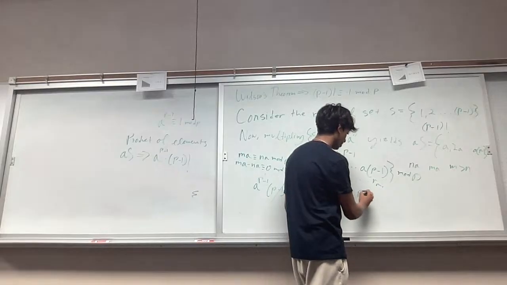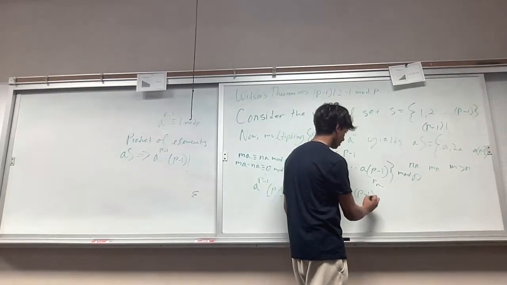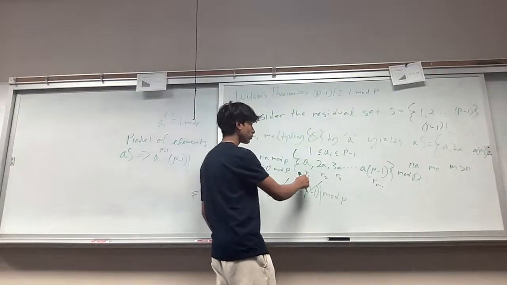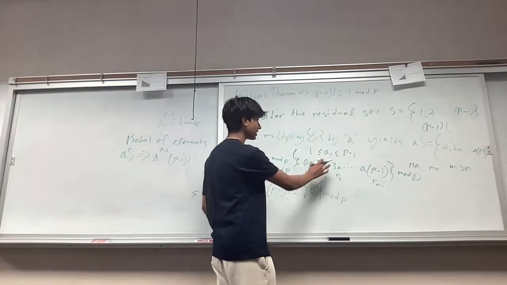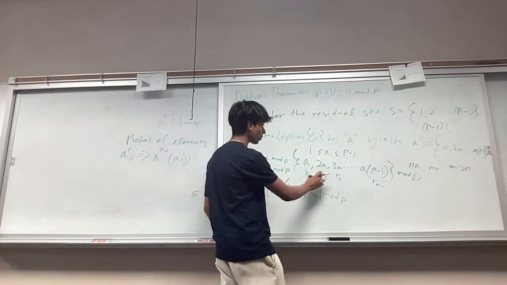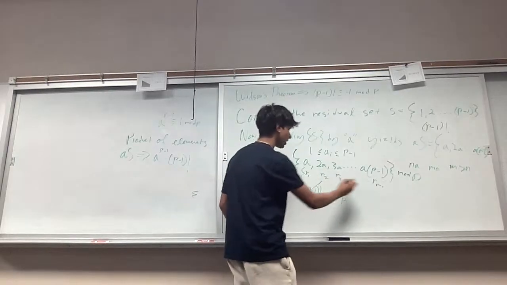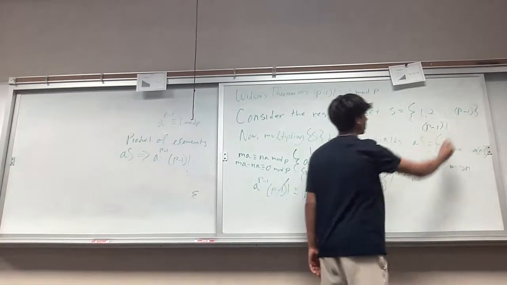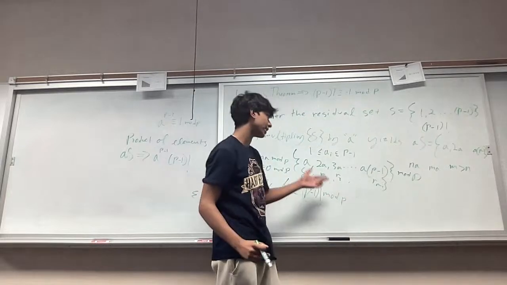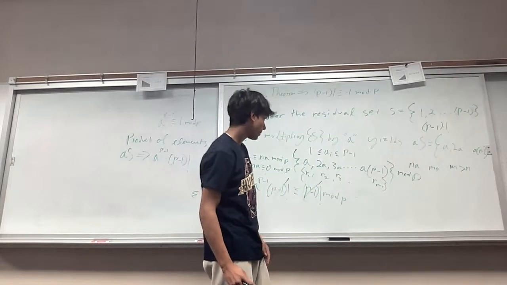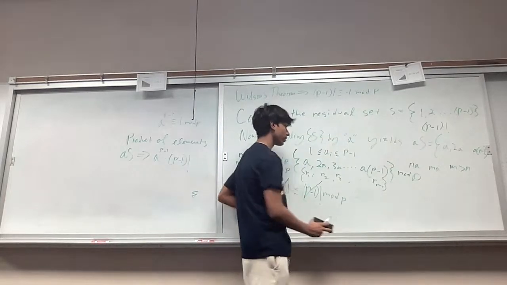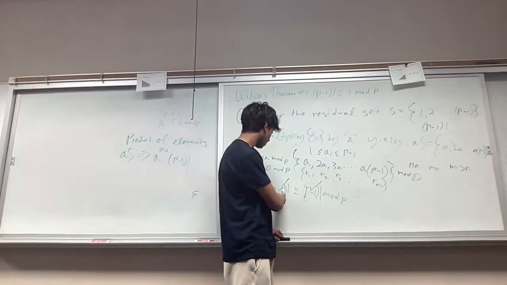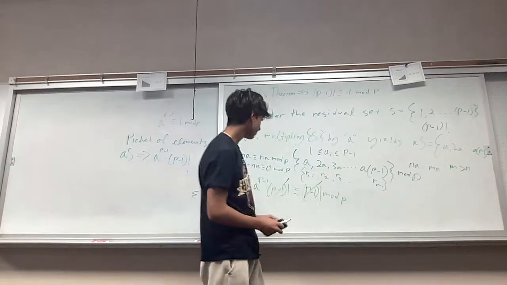Basically, when you take mod p of this set, the residuals R1 and so on are the exact same as this set. It just doesn't have to be in that order. I got you. And so when you multiply them all out, you get that they're congruent in mod p.